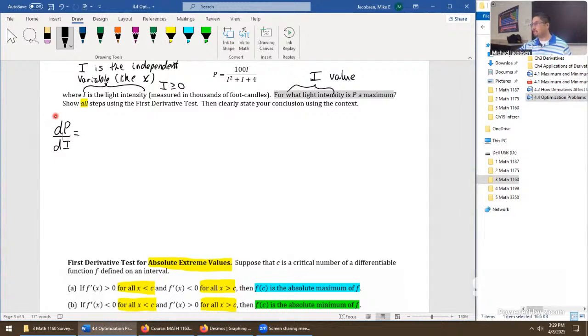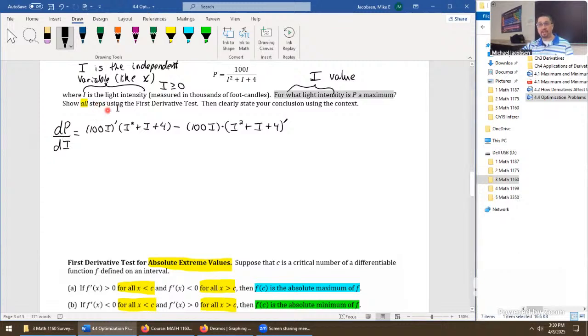Next issue is that it's a bona fide quotient rule, so let's be careful with this one. The derivative is hard enough already. I'll take 100I prime multiplied by I squared plus I plus 4, subtract 100I, this time just copied, but multiplied against I squared plus I plus 4, differentiated.